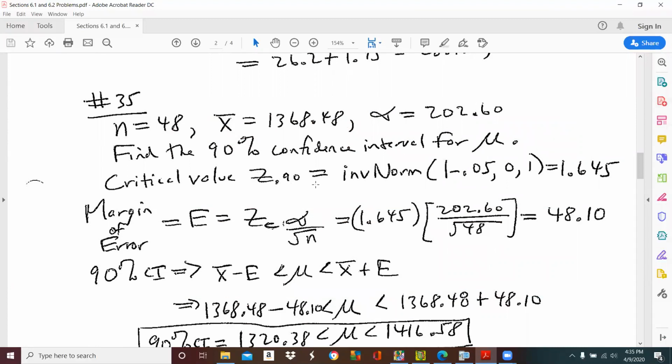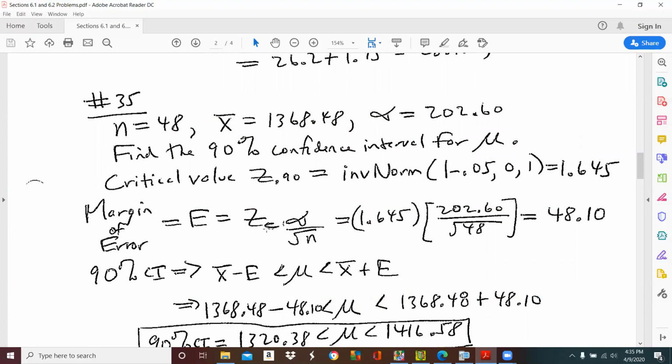How do we find Z90? Well, again, inverse normal. And remember, if 90% is in the middle, that's 5% on the left tail, 5% on the right tail. So the area to the left of the critical value is 1 minus 0.05. Inverse normal, and our Z critical value is 1.645.